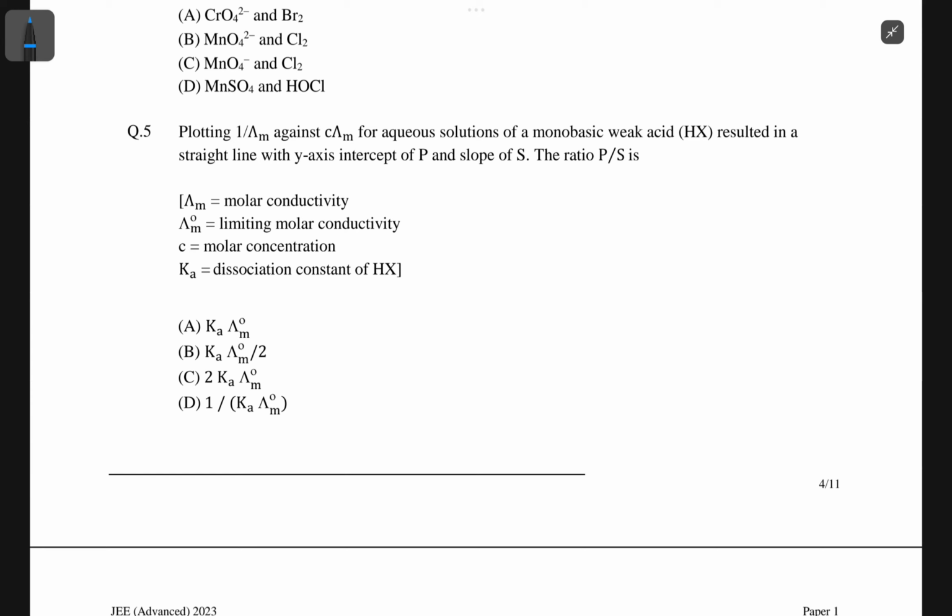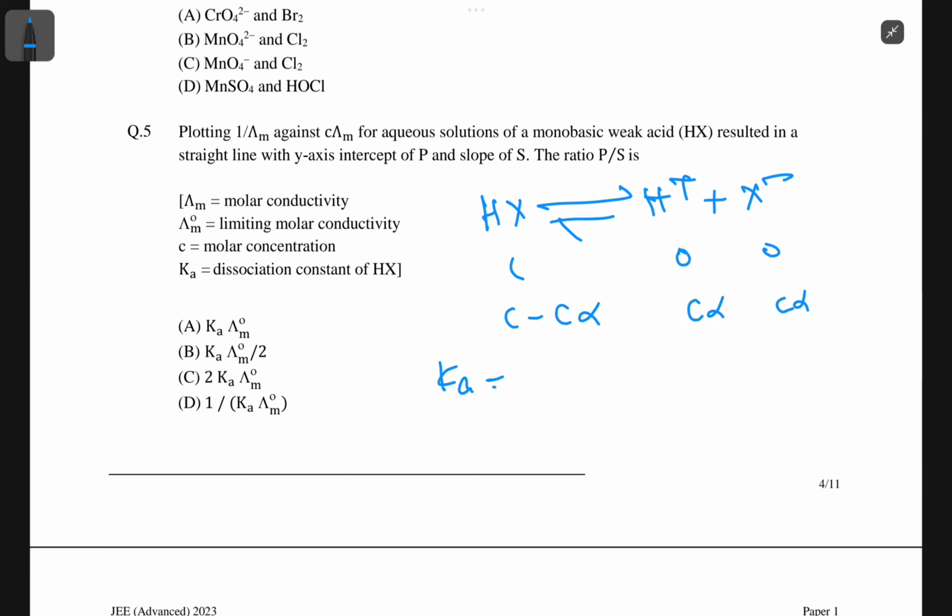So for the fifth question, we can write this as HX dissociates to H plus and X minus. If you remember from ionic equilibrium, let's say this was C0, C minus C alpha, and C alpha, you would have K is C alpha square upon 1 minus alpha.